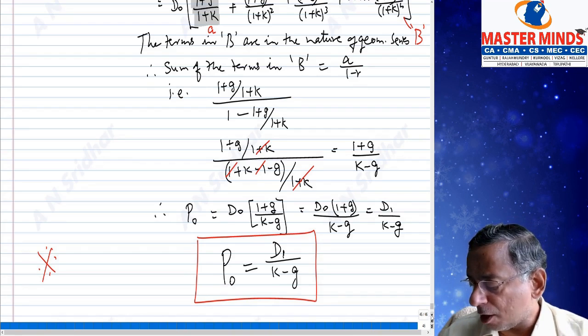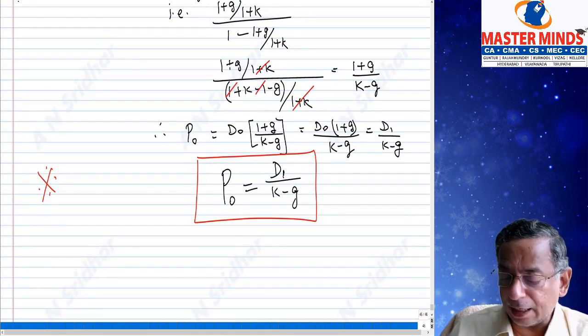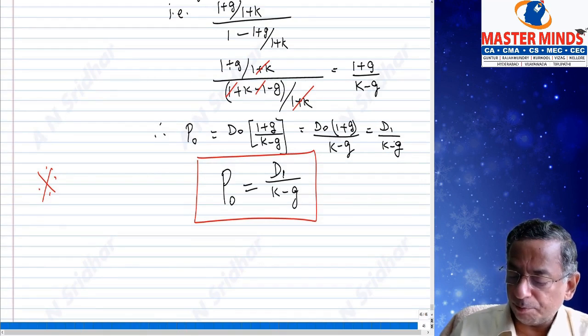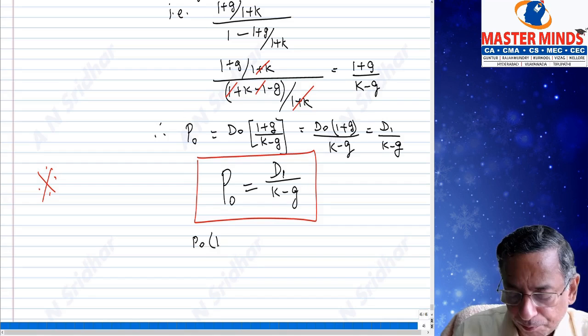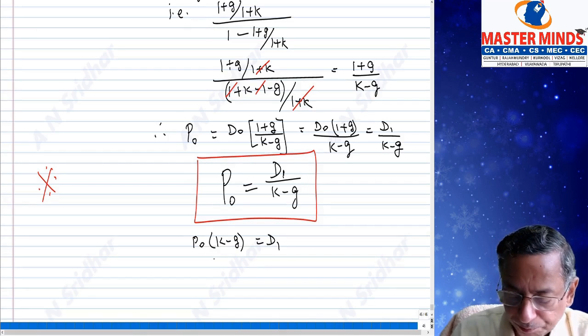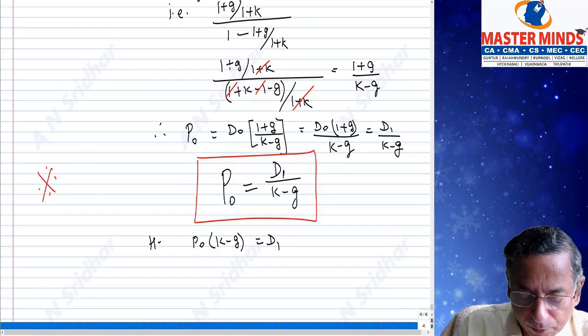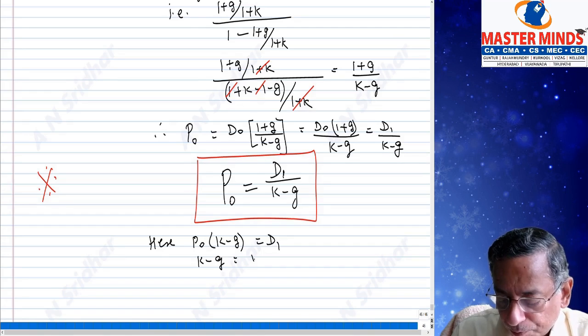Now you have already learned this formula in IPCC. So let me rewrite this. P0 into k minus g is equal to D1, or k minus g is equal to D1 upon P0.